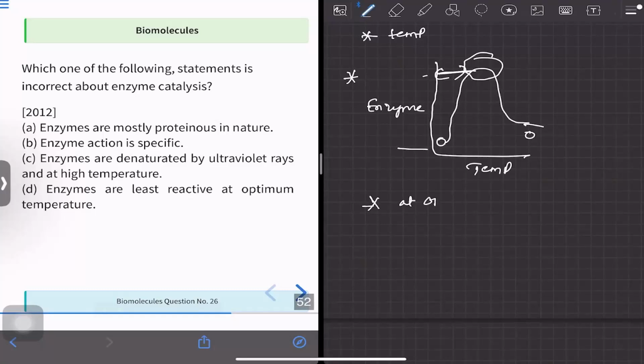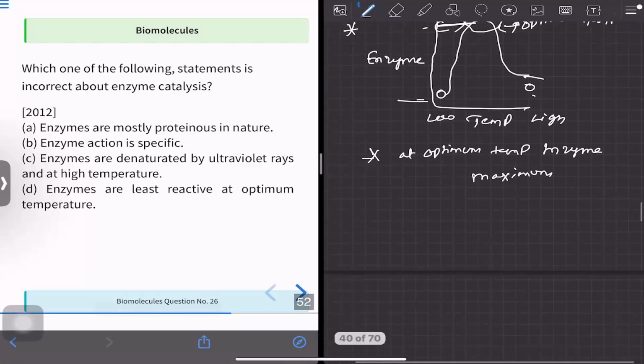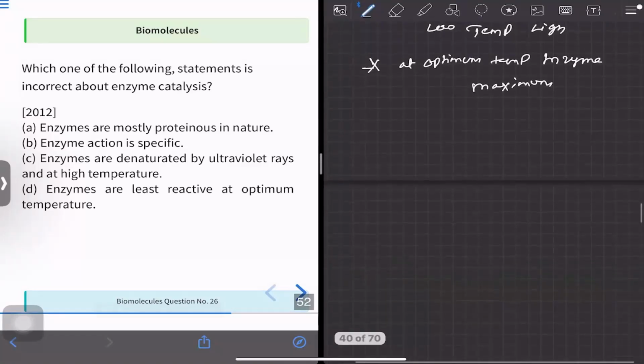Except at optimum temperature, where the enzyme can function maximally. This is the temperature where the enzyme can work efficiently, known as the optimum temperature. At low and high temperature, the function of the enzyme is minimum. So option D is incorrect.